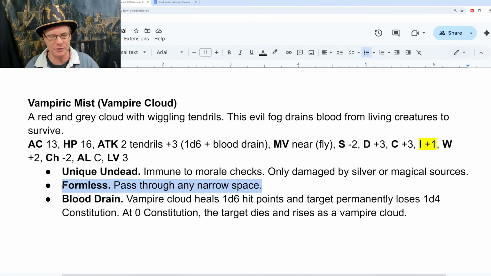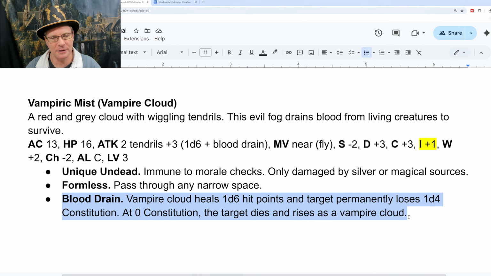I've looked at what 5e was doing, and I've looked at how they sort of operated within AD&D as well. Okay, the last feature was the most difficult one, which was the blood drain, because the blood drain is supposed to regain hit points for the vampire and drain away constitution. In other words, you are essentially hurting somebody fairly significantly. They will eventually die. So I structured it this way.